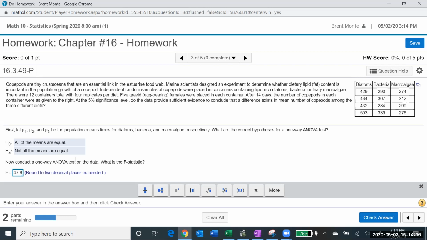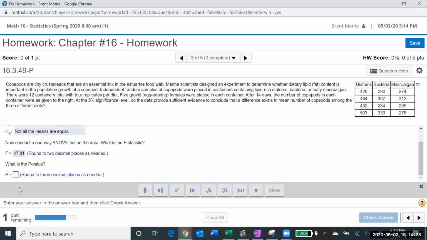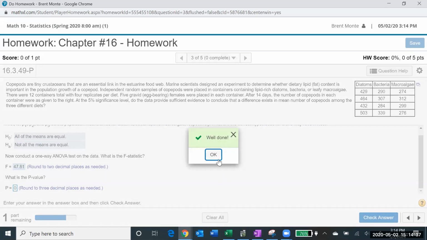So it's 806, so 81. And we'll check our answer. Fantastic. What's the p-value, rounded to 3 decimal places? Remember, it was less than 0.0001. So to 3 decimal places, just 0. You could put 0.000 if you want to, but I'm just going to put 0. And it says, yeah, you're right.